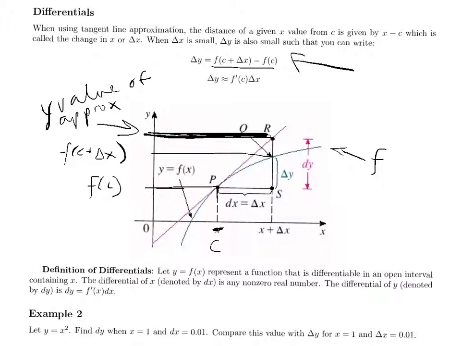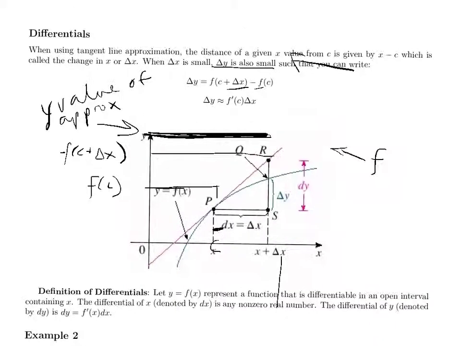To find the approximation value at that point, all we need is a slope and a change in x, because it's a line. So it's the slope times the change in x. We can approximate delta y as f prime of c times delta x. Whatever our change in x is times the slope of the approximation, that is our differential.